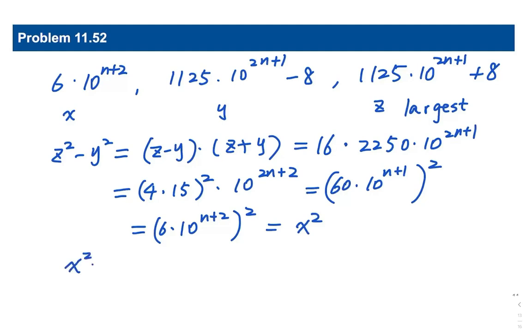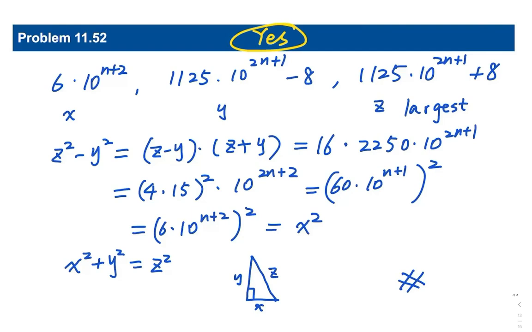So x squared plus y squared equals z squared. This is Pythagorean theorem for right triangle. So the answer is yes.